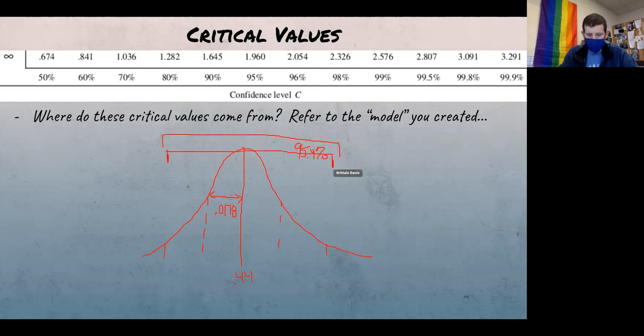So 95.4% would mean go out 2 standard deviations, 2 standard errors. But 95% really is going out slightly less than 2 standard errors away. And if you look right here for 95% confidence level, instead of going out 2, I'm going to go out 1.96. And that really does capture exactly 95% of the data. Is this making sense for you guys?